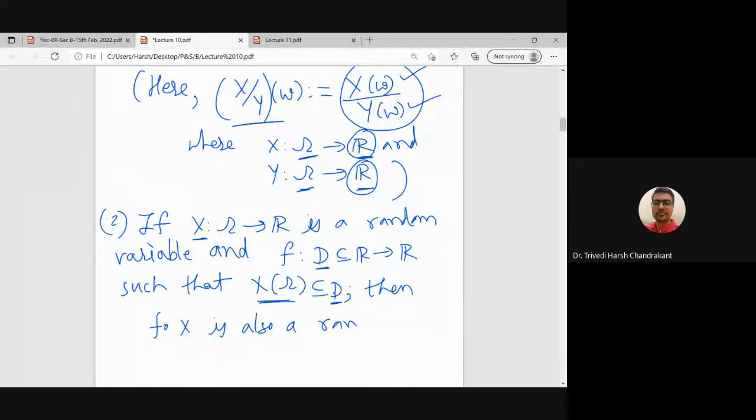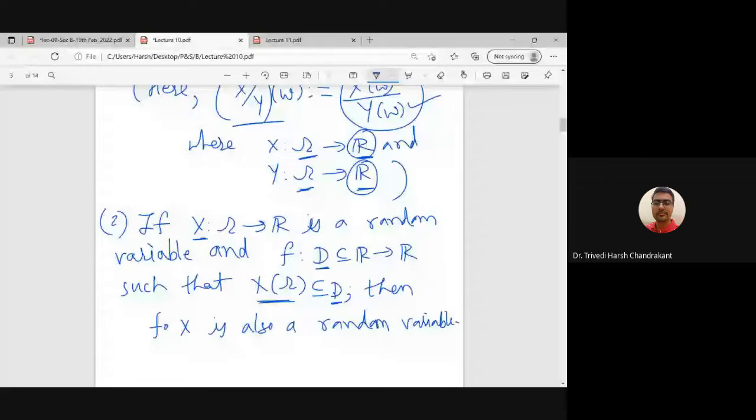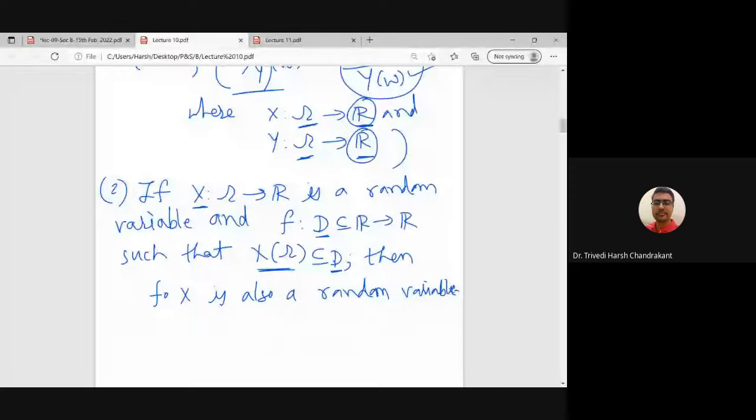So why is it a random variable? Because it is again a function from omega to R. So this is composing one random variable with a real-valued function. Similarly, if we have two variables, we can compose them with multivariable functions.